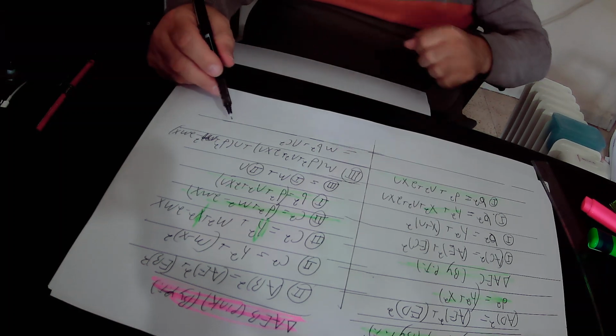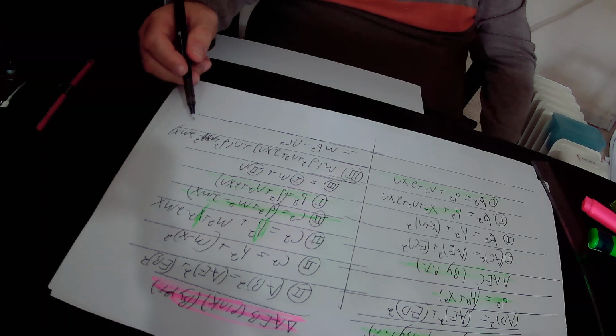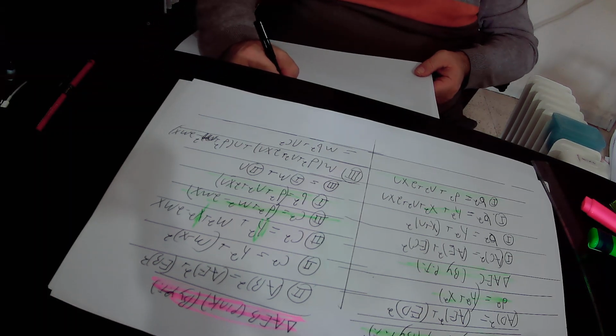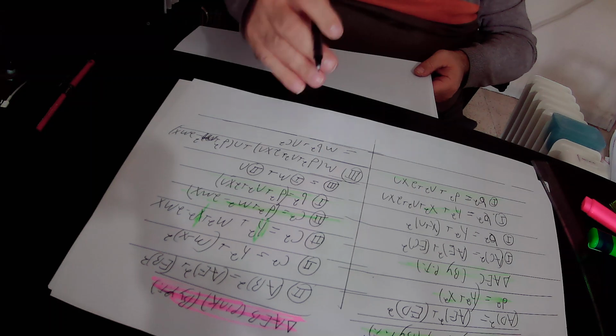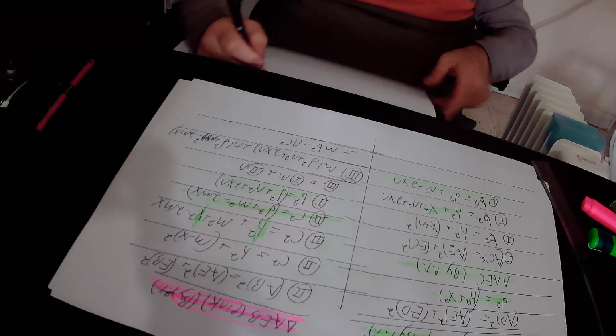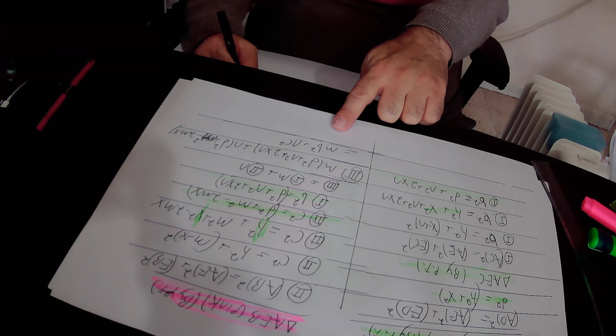And here we have n times minus 2mx equals minus 2mxn. And the right side equals the left side. So in the left side we have mb squared plus nc squared.